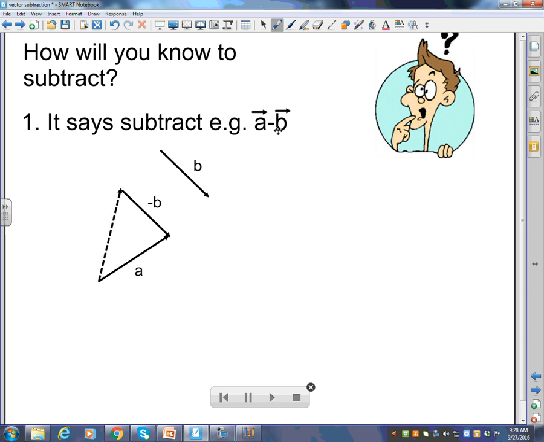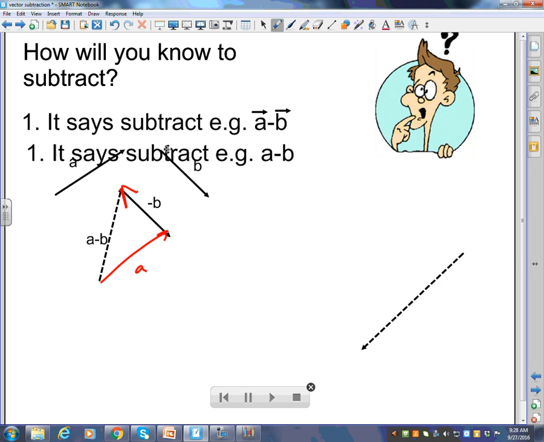Result, A minus B. That's right. Except that B is pointing the wrong way here, though, right? Well, I put it in red there. I guess I gotta fix that one.